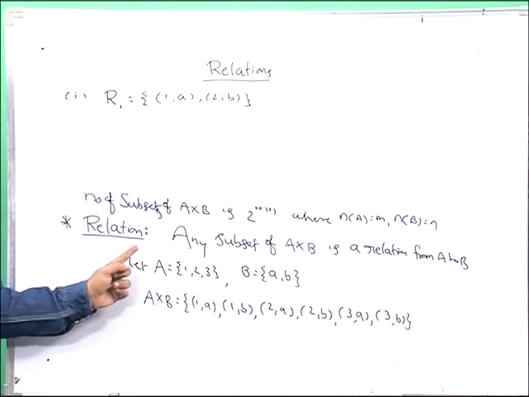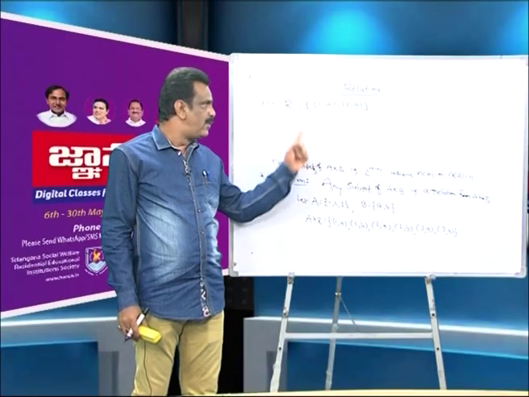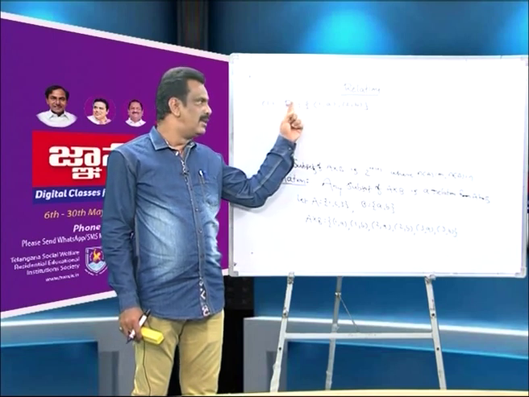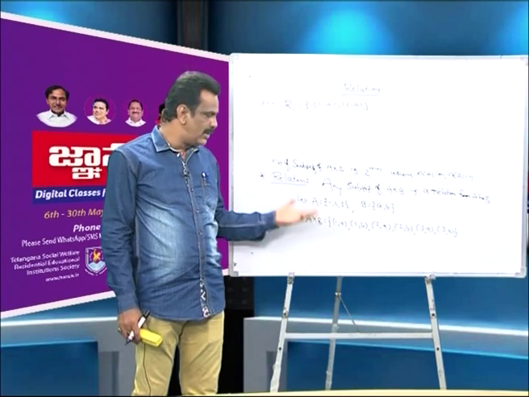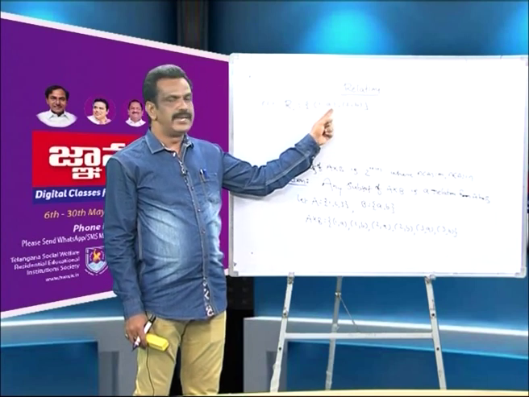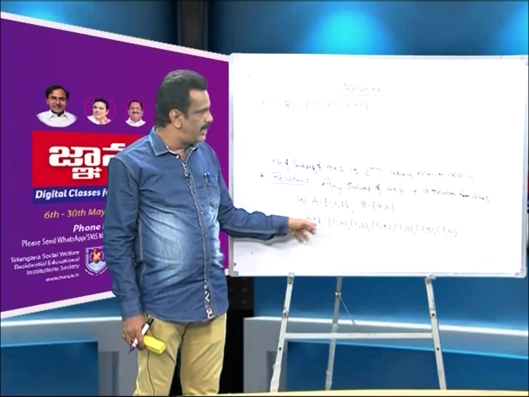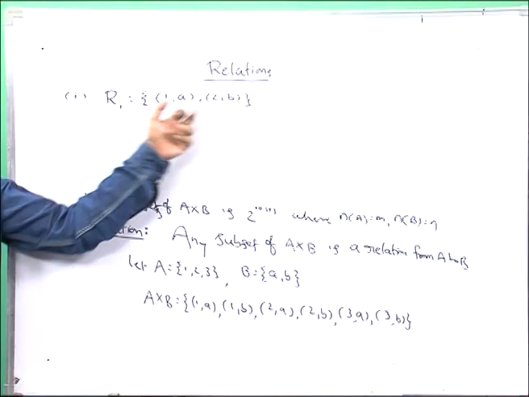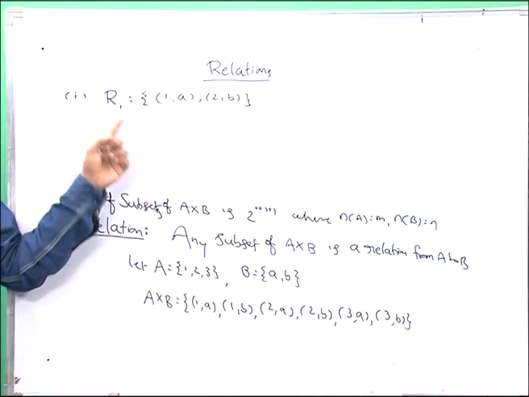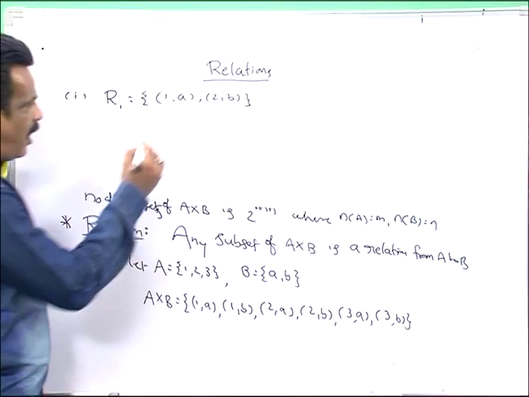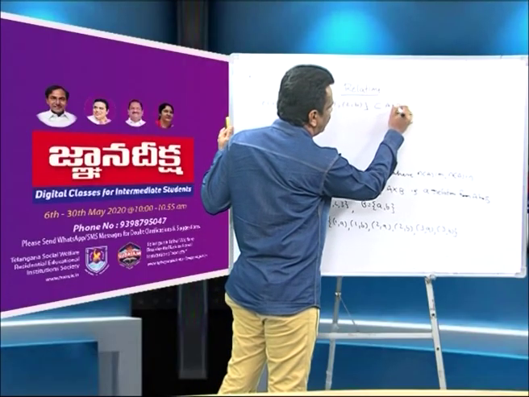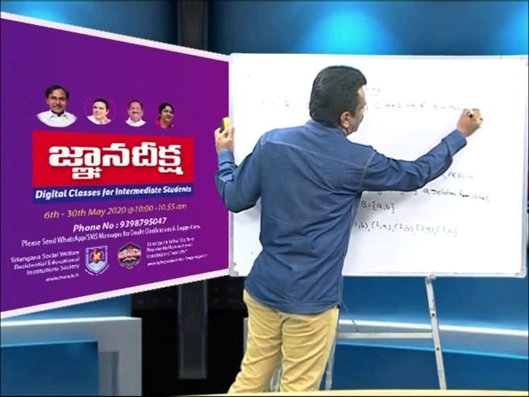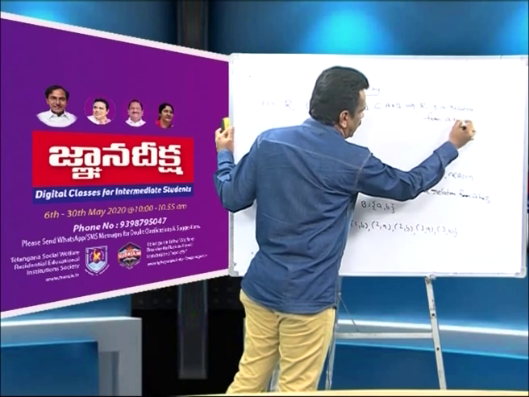By definition of relation, it must be a subset of A cross B. If R1 is a relation, it must be taken from A cross B. That means R1 must be a subset of A cross B. We can check: R1 has the ordered pair (1,a), which is already there in A cross B, and (2,b) in R1 is also available in A cross B, and hence each element of R1 is an element of A cross B. Therefore, R1 is a subset of A cross B. So R1 is a subset of A cross B implies R1 is a relation from A to B we can write.